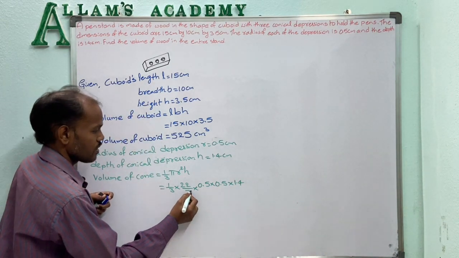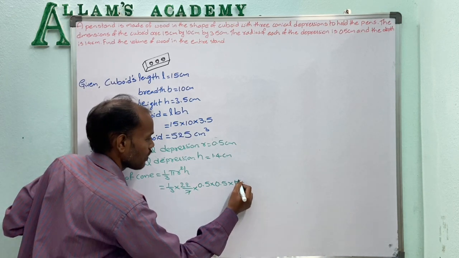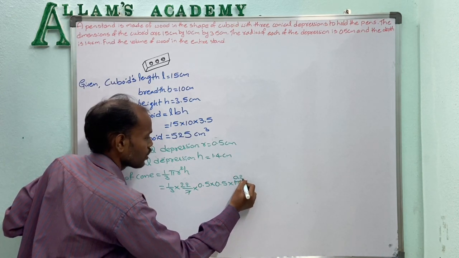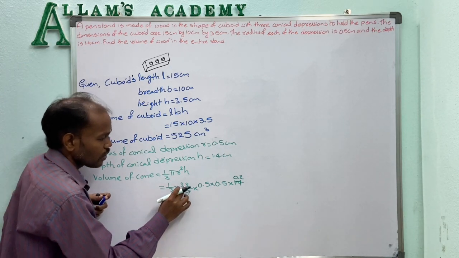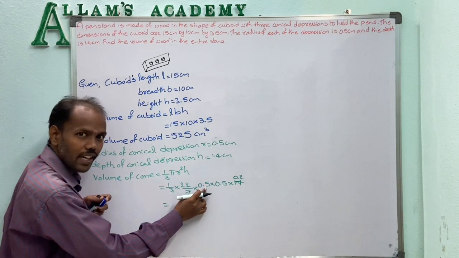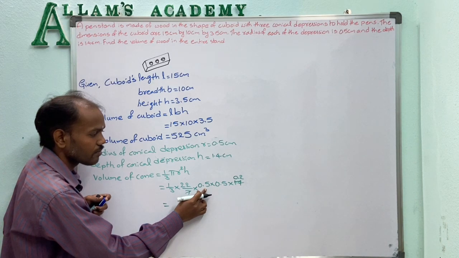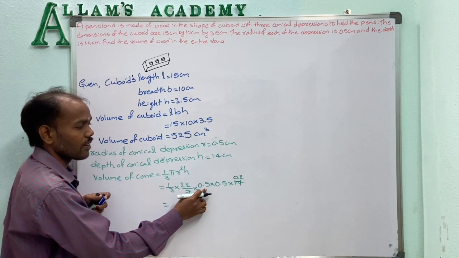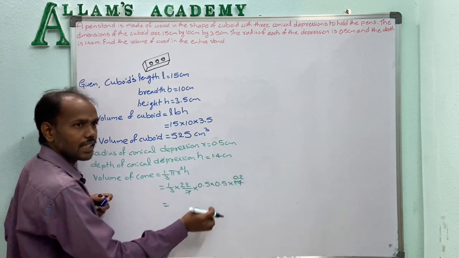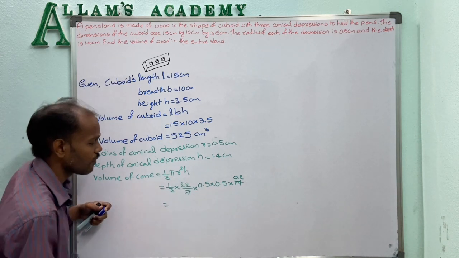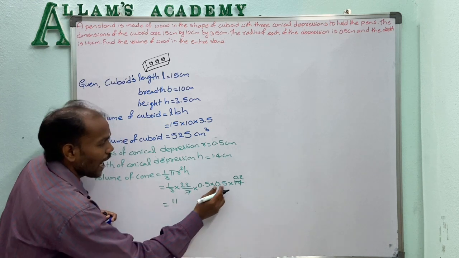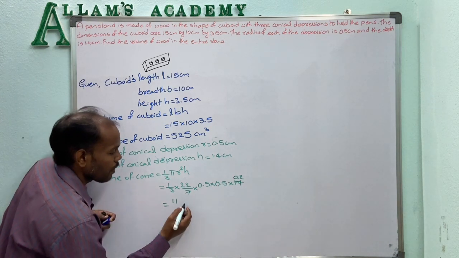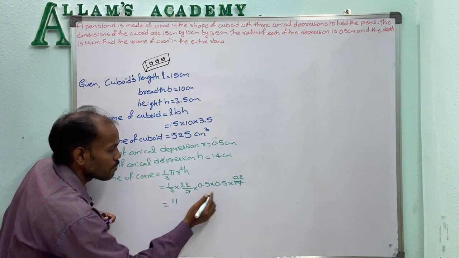So 7 ones are 7, 7 twos are 14. Okay, so now 22 into 5 is 110, that means 11. So 5 twos are 10. So 10 into 11 equal to 110, and here the decimal points, 2 digits before the point.